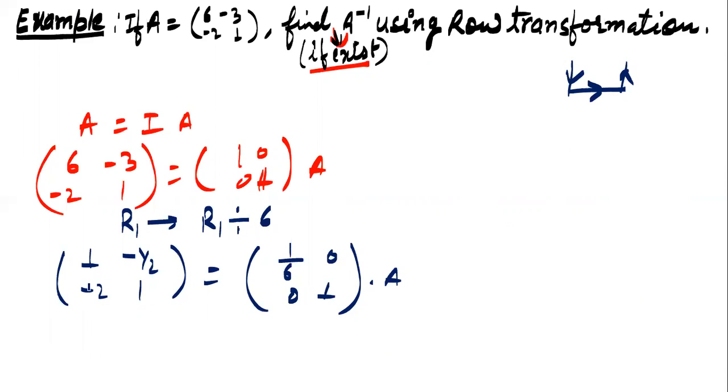Now, second step is I will make it 0. That is R2 arrow R2 plus 2R1.